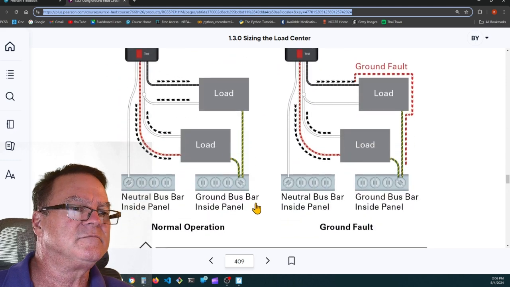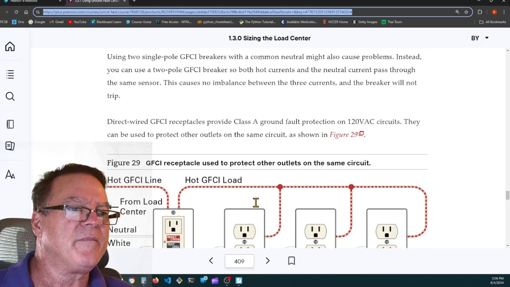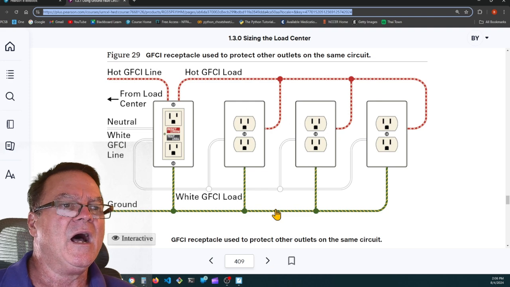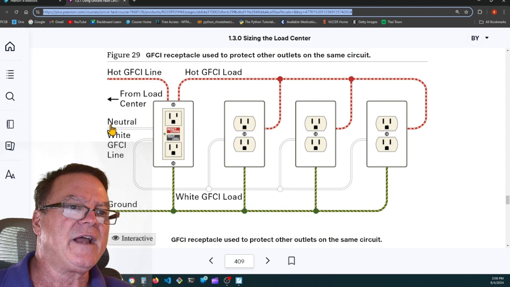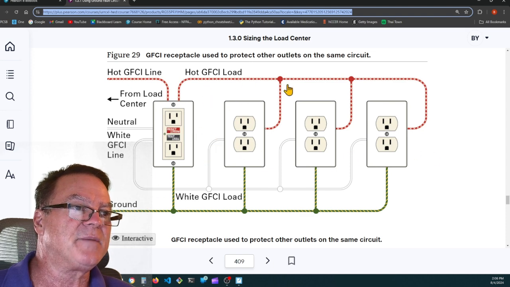All right. Let's see. Okay. Well, on this, I think what they're trying to get across to you is that you have a line and a load side. The line side takes the hot and the neutral from the panel. The load side goes out to other receptacles.